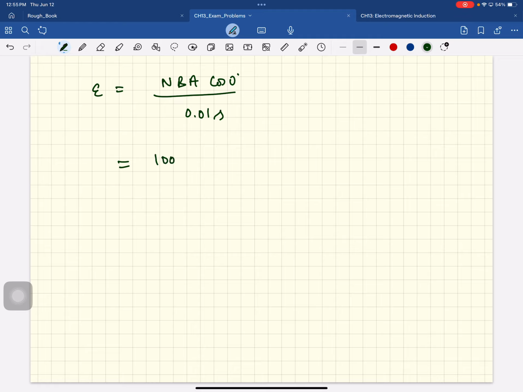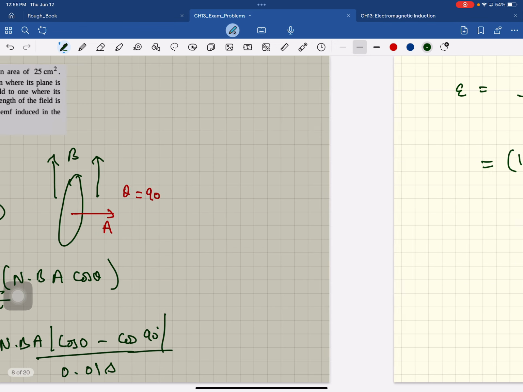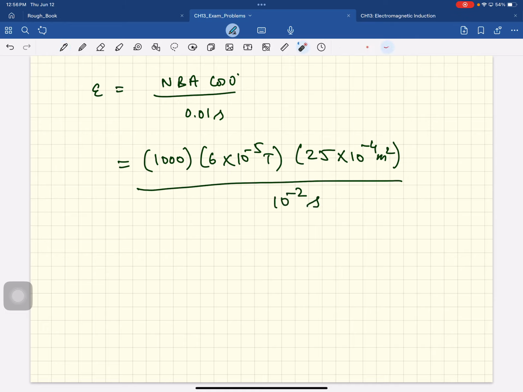It was 1,000 turns. Area is 25 centimeters square. Cosine 0 is 1, 10 to the minus 2 seconds. All right, 10 to the minus 9, 10 to the minus 7, 10 to the minus 4.